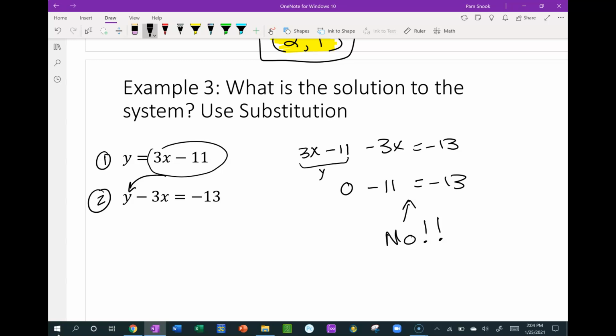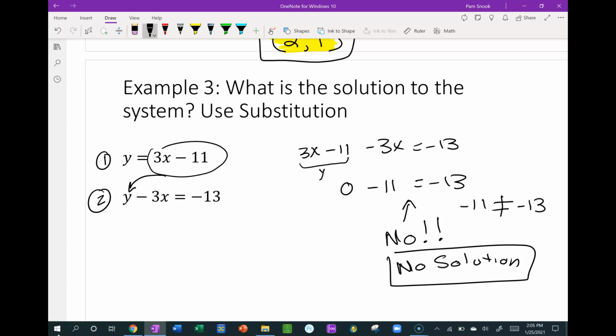So this one means no solution. If you remember from last time when we were graphing, if the graphs were parallel and they didn't intersect, you had no solution.